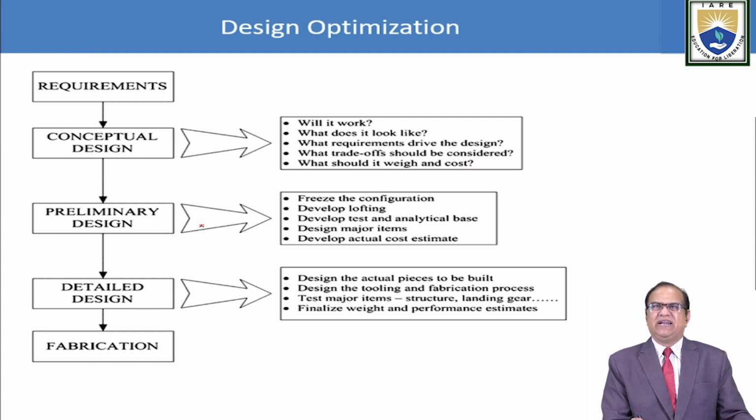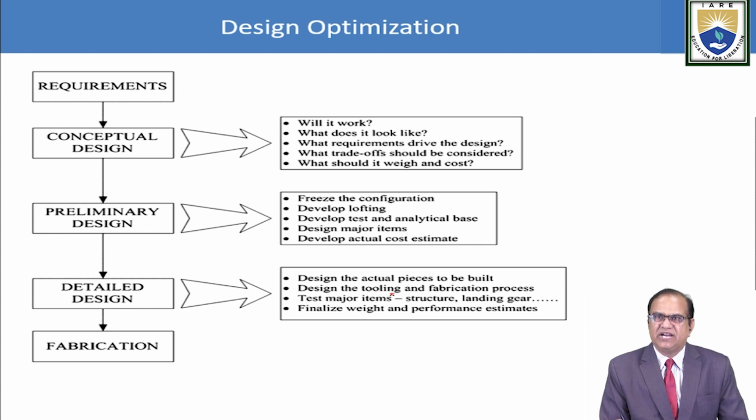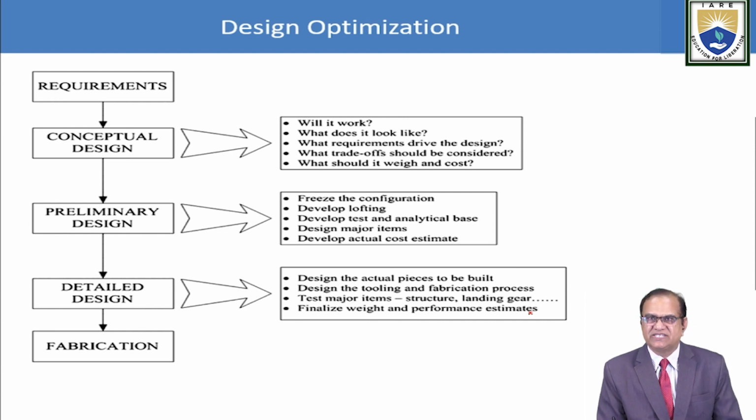So this preliminary design freezes the configuration, develops the lofting, develops test and analytical base, designs measure items, and develops actual cost estimate. Now the detailed design: we have to design the actual pieces to be built, design the tooling and the fabrication process, test measure items, structures, landing gears, and finalize weight and the performance estimate.